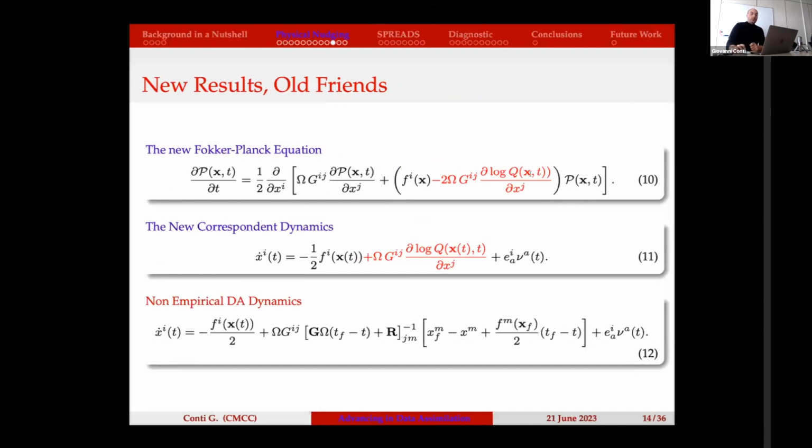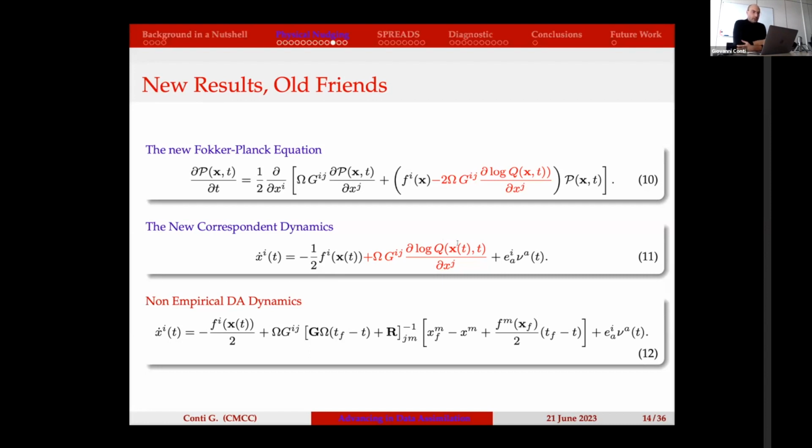So actually, it corrects the trajectory of the probability. And from this one, we can go back to the coordinate space. We can read directly from this equation the modified nudging equation, but this time it is not empirical, it is derived. So we have our system plus this potential here.